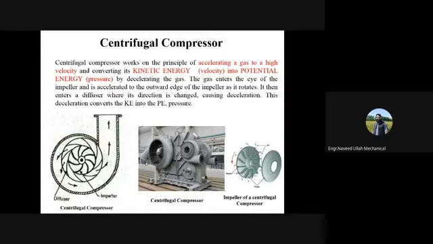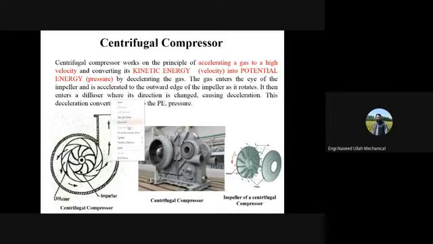The impeller rotates and imparts kinetic energy, which is then converted to potential energy. In other words, a centrifugal compressor basically consists of a rotor, in this case we are saying impeller, to which a number of curved blades or vanes are attached, right?